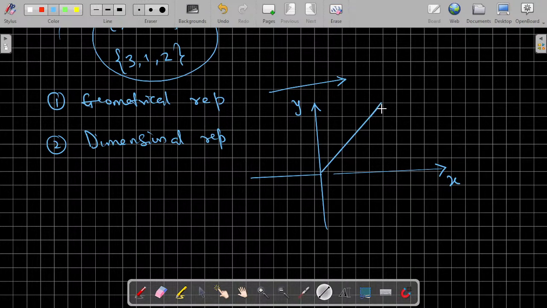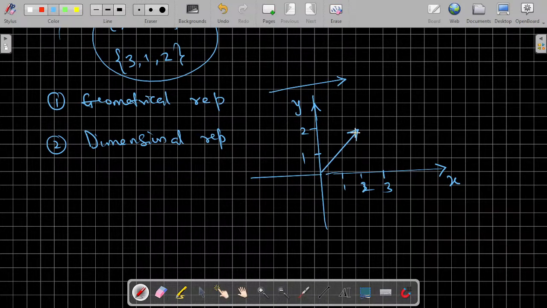Here is 1, here is 2, and here is 3, and let's take it that this other point here is 2 and here is 1. And here is my vector.